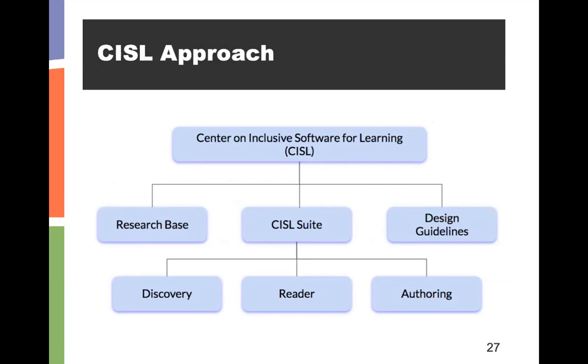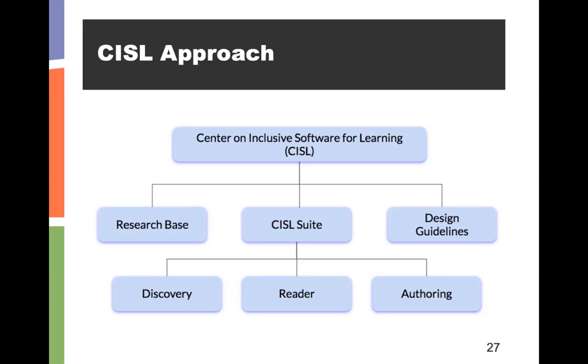So the CISL project is built up of 3 different facets, essentially. Over the last year, our research base did the market scan, and more recently, they've started to look at specific features that we're thinking about and what the research base is behind those features. And also, as we start to work with students, how do those features impact student learning? So that's our research base.